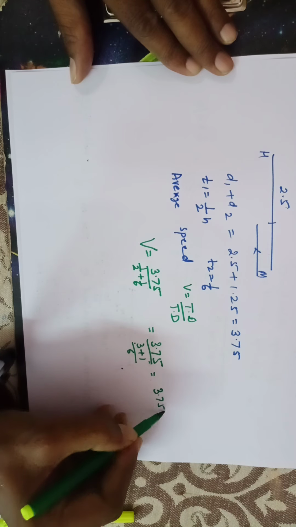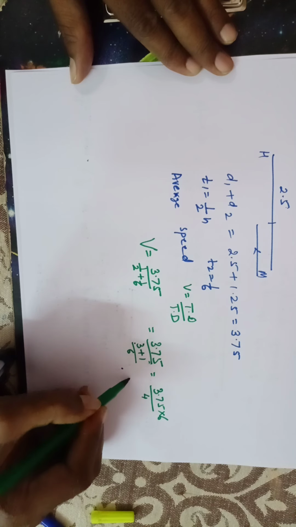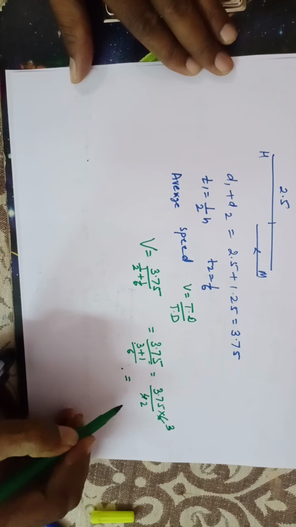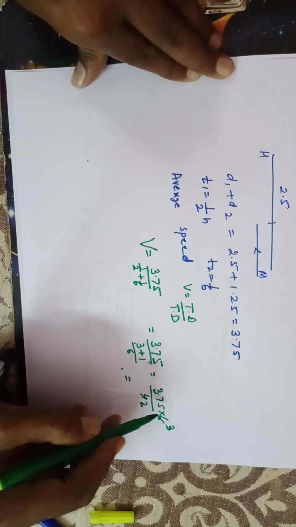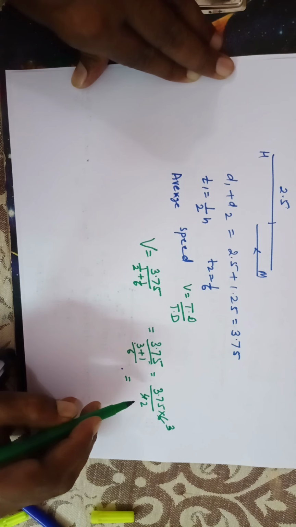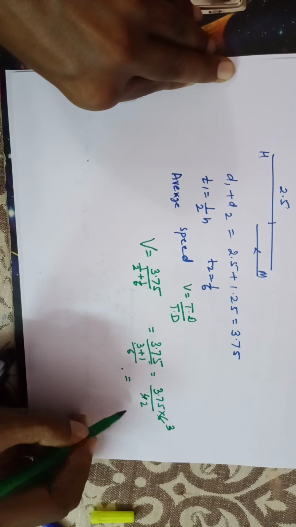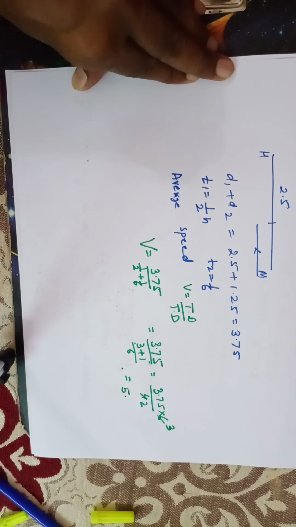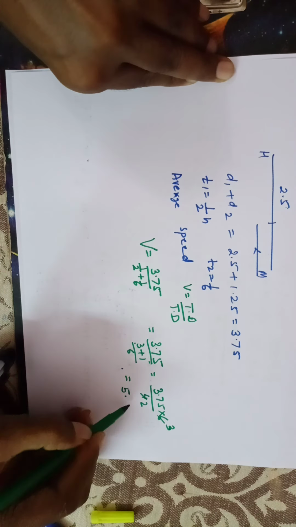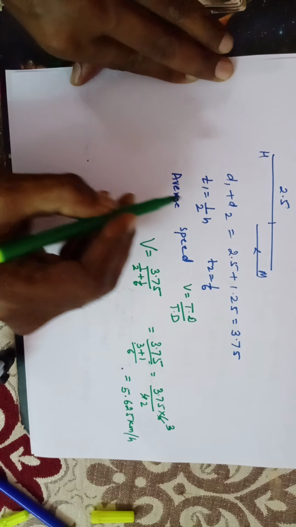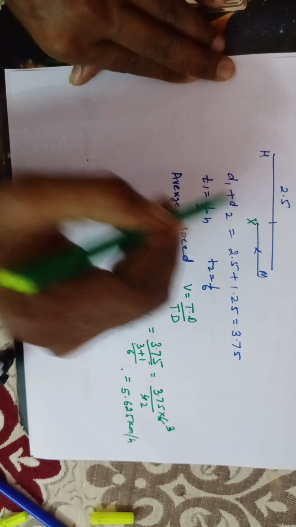So 3.75 into 6 divided by 4. So it will cut 2 to 2, 3, 2. So when you calculate, it will become 5.625 km/h.